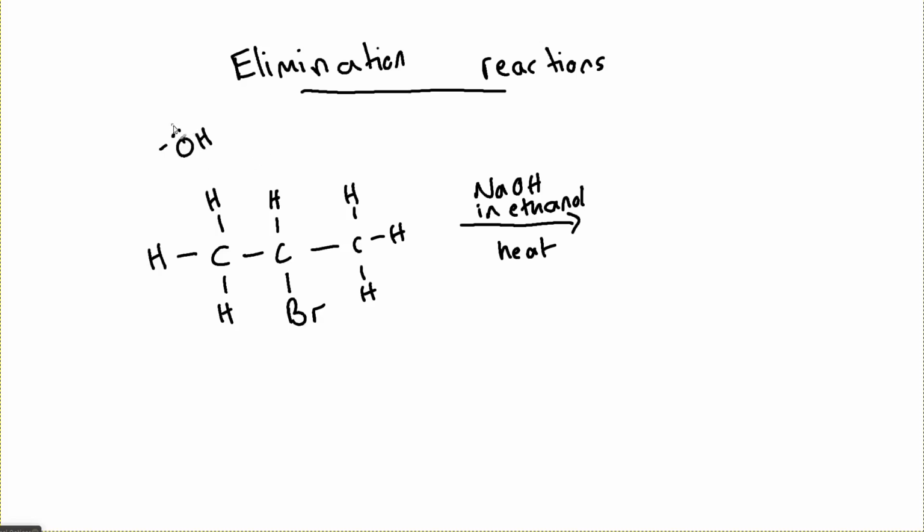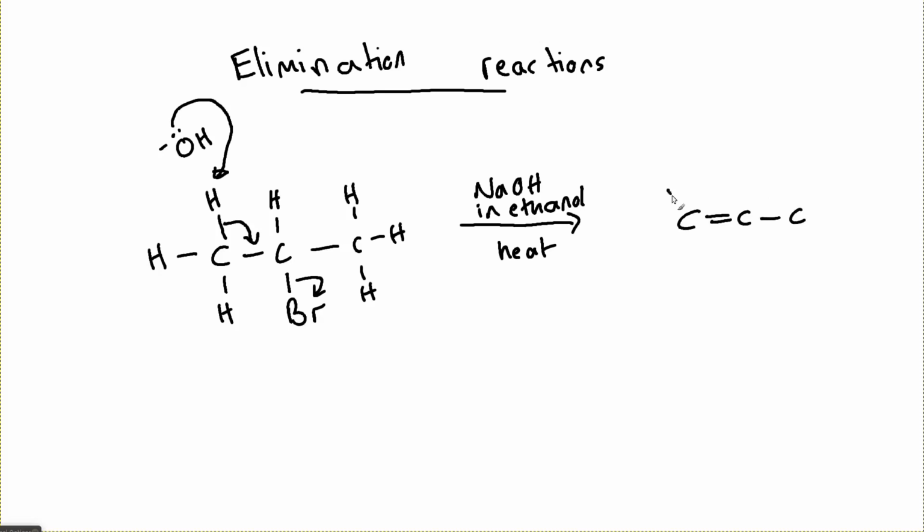So basically what happens is the hydroxide ion attacks that hydrogen there, and takes away that hydrogen, and the pair of electrons in the carbon-hydrogen bond is used to form a double bond here between these carbons, and you eliminate this bromine here. And so basically what you get is an alkene.